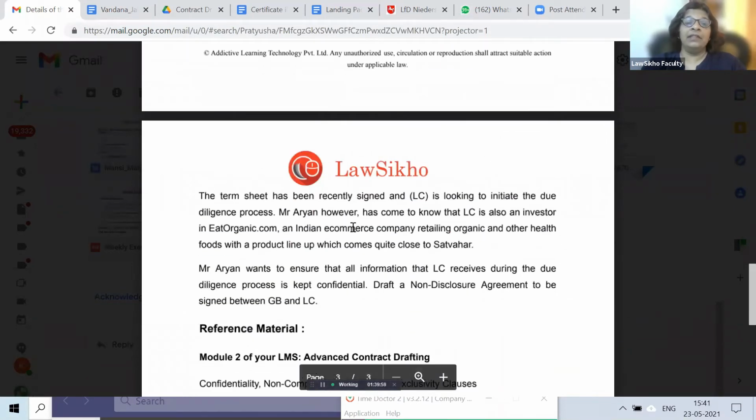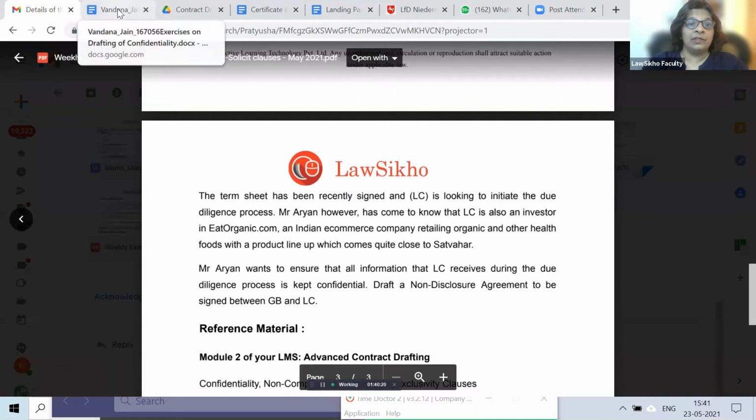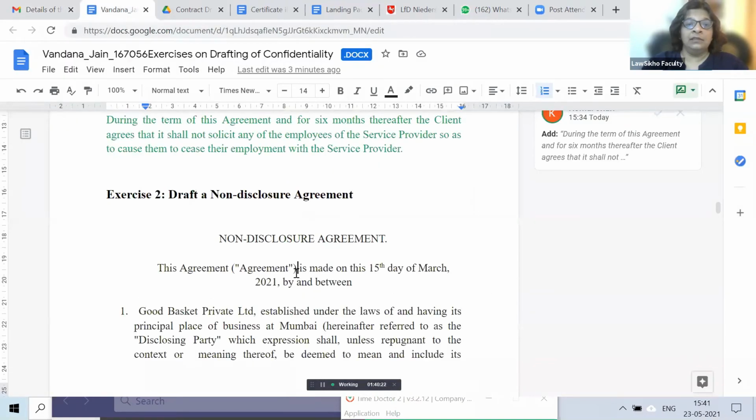So definitely they are interested that, until everything goes through, even at the time of due diligence and everything, the investor should not share or use that information in any manner. So definitely there has to be a non-disclosure here. Okay. So you have to draft a non-disclosure agreement.